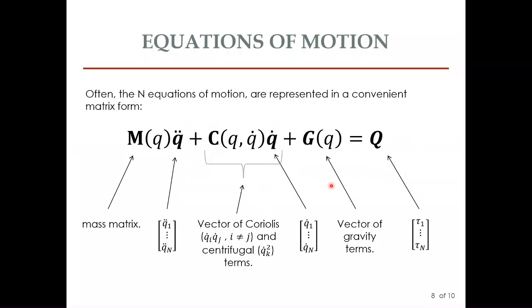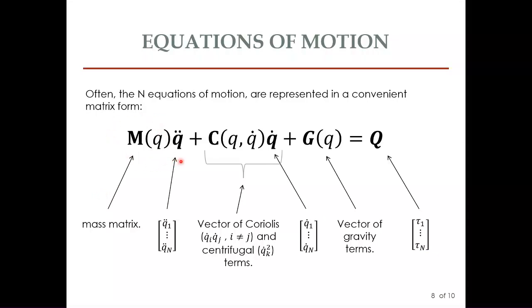You can just collect terms so that it is some matrix times all the Q double dots plus some matrix times Q dots and plus some matrix that doesn't contain any Q dots or Q double dots, and the vector of your generalized torques, tau 1 until tau n.